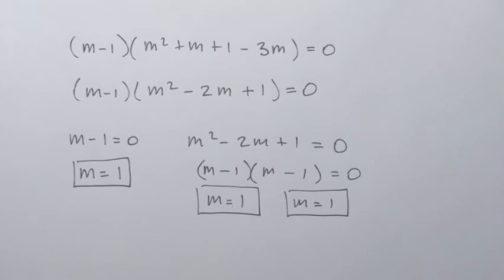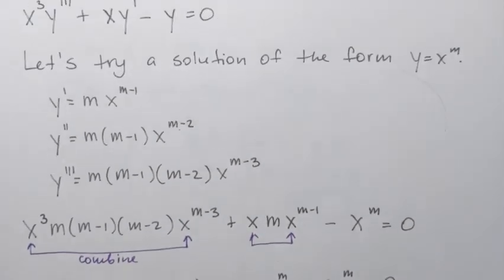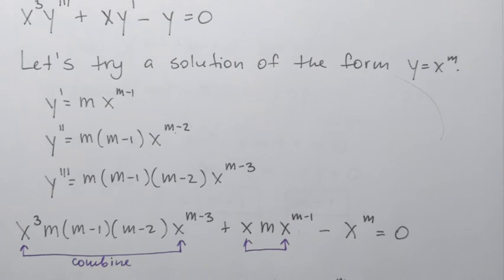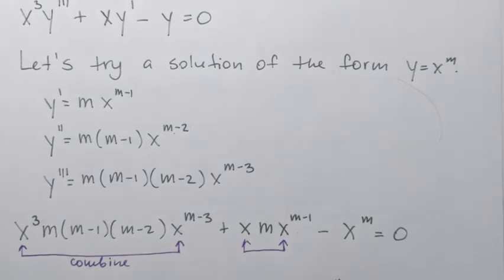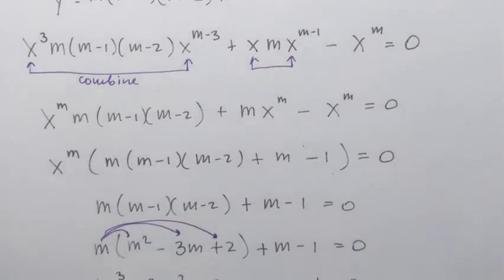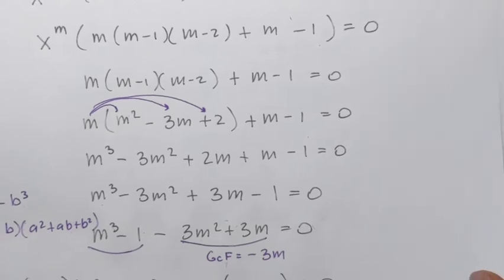So there are a couple of things to consider when you solve a third order Cauchy-Euler differential equation. If you repeat this process, real quick, I'm going to remind you what the process was. Starting from here, you remember all those steps as we plugged in y equals x to the power m and its derivatives into the equation. You will obtain a third degree characteristic equation.